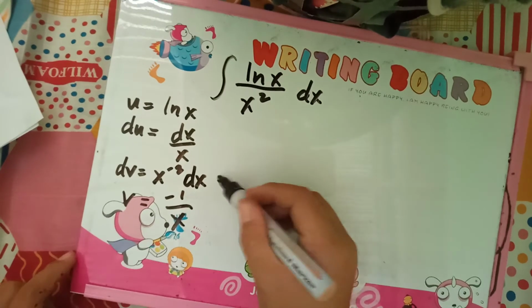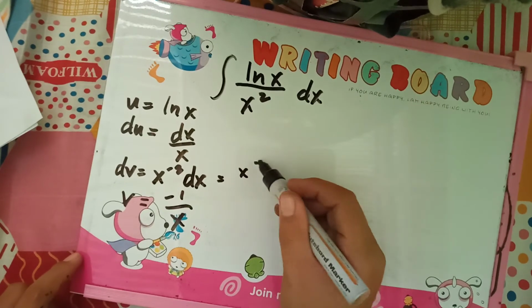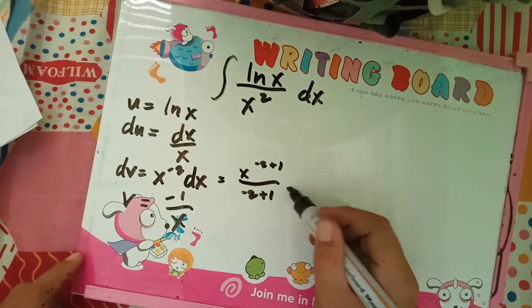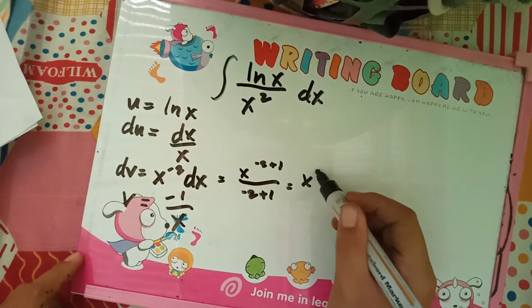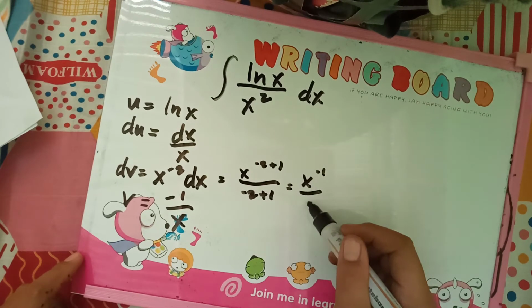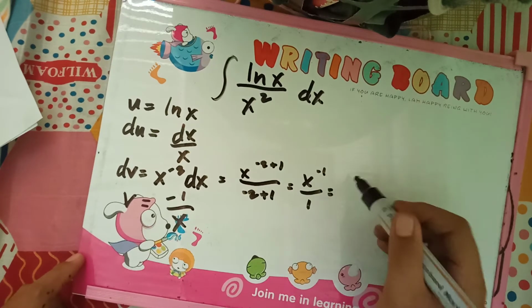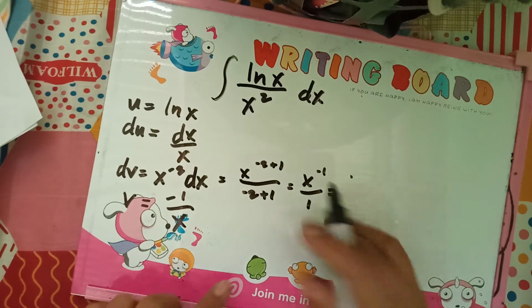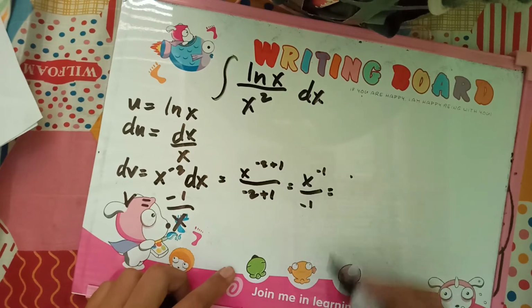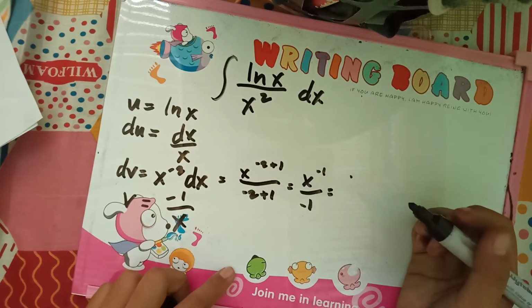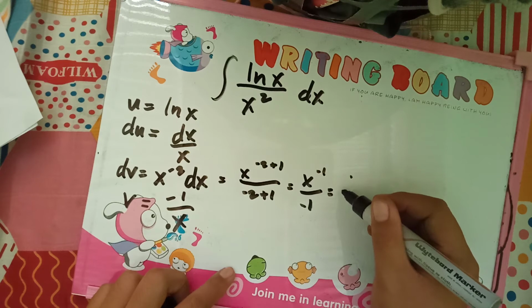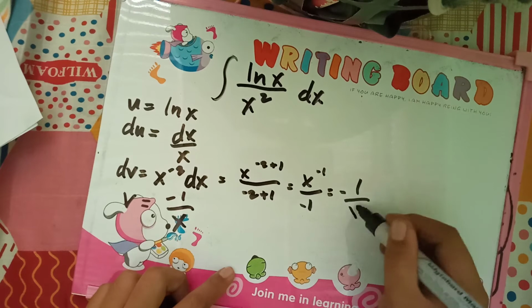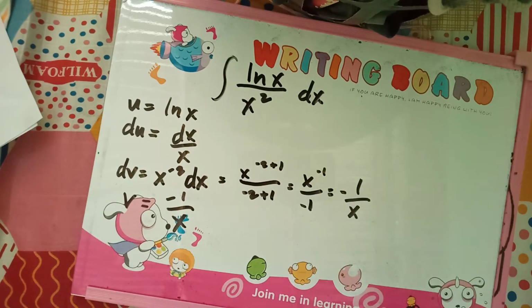Okay? Diba, ito, magkakaroon tayo ng x to the negative 2 plus 1 over negative 2 plus 1. So, magkakaroon tayo ng x raised to negative 1 over negative 1. Sorry. Negative 1. So, simply, magkakaroon tayo ng negative 1 over x. Okay? So, yan.